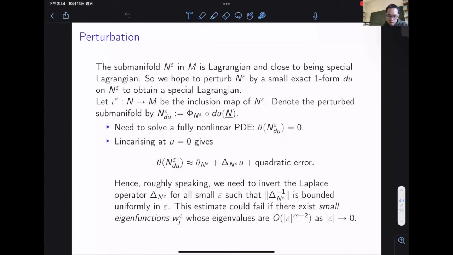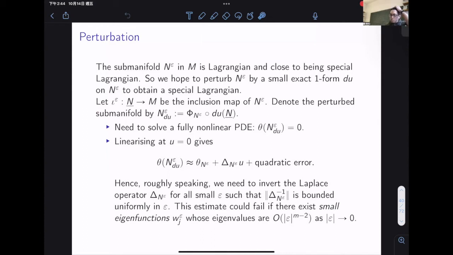To solve this equation, roughly speaking, we will need to invert the Laplace operator for all small epsilon, such that the inverse of the Laplace operator is bounded uniformly in epsilon.